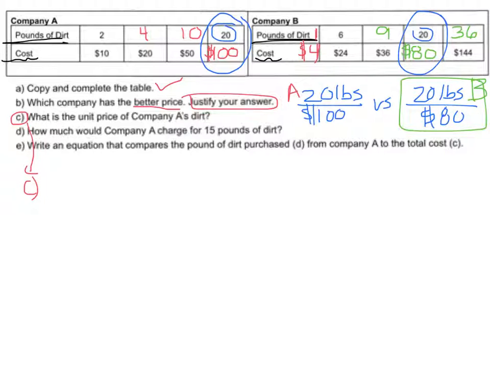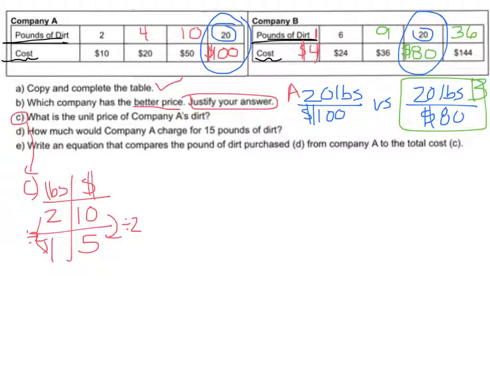C. Since we want our unit rate, we can rewrite our table as pounds per dollar. We want to get from 2 pounds and $10 to how much it's going to cost per 1 pound. We can divide that by 2. So we're also going to divide 10 by 2.